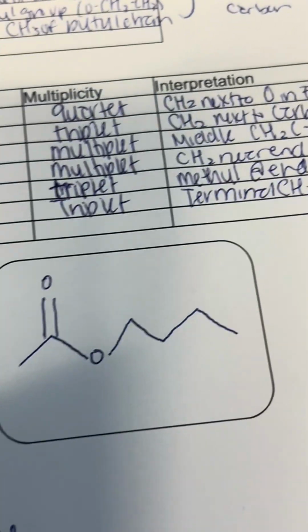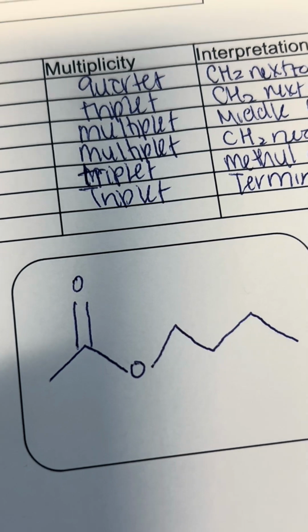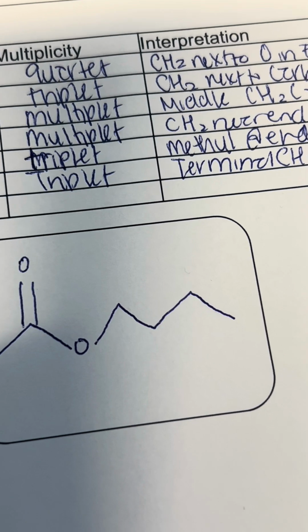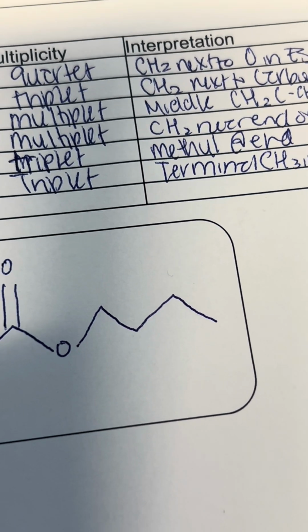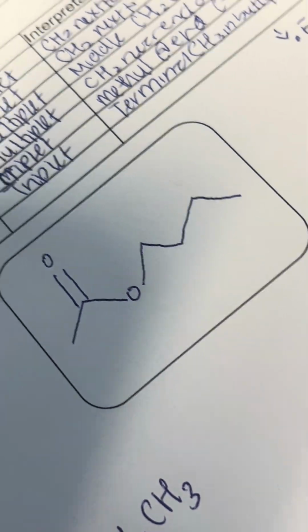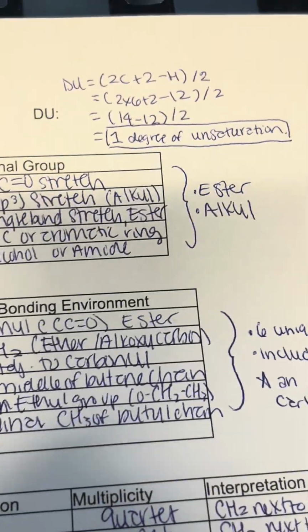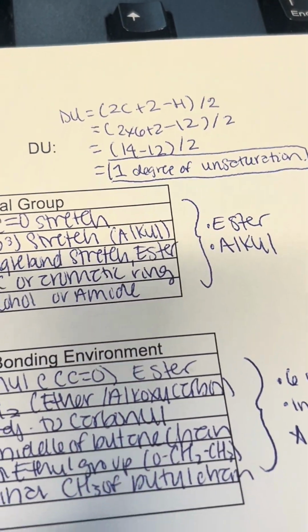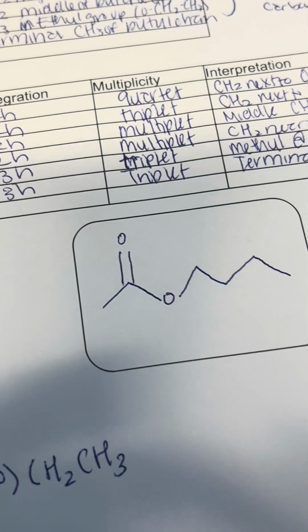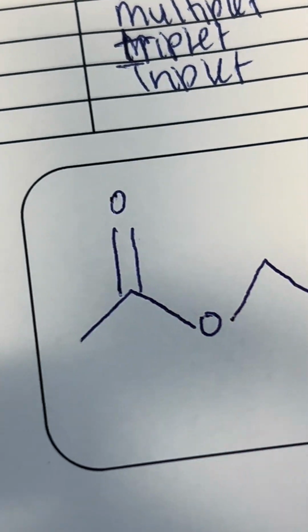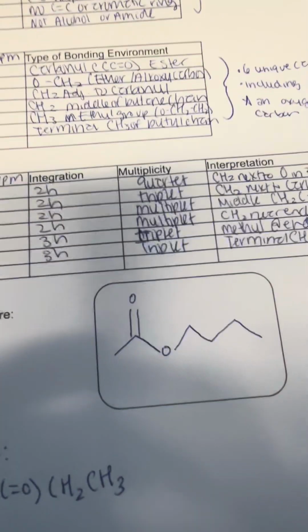The CH2s are near oxygens, and there are multiple alkyl signals. And all the data from this is represented in here. Also, the degree of unsaturation clued us in that there was going to be a double bond somewhere. So that oxygen can take on that load right there.